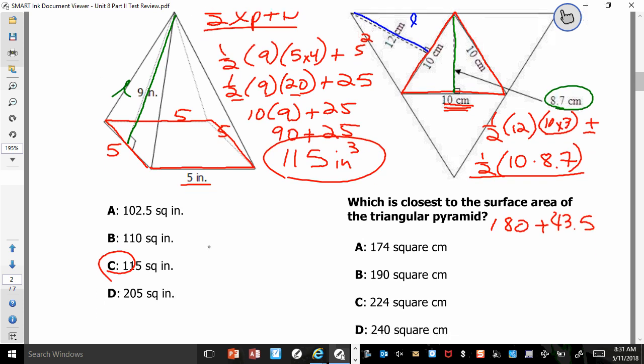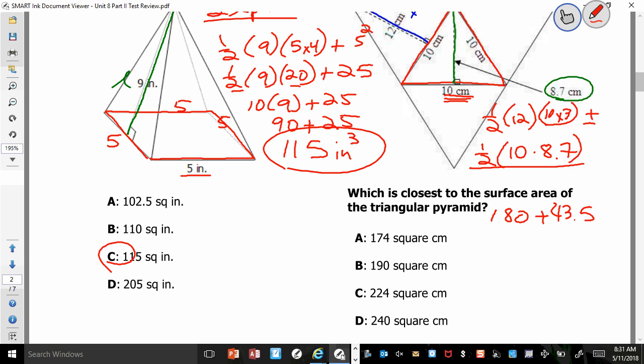I think they rounded up closest, yeah. So 223.5 centimeters squared. This one actually should be squared, right? Just caught that. All right, so they rounded up.